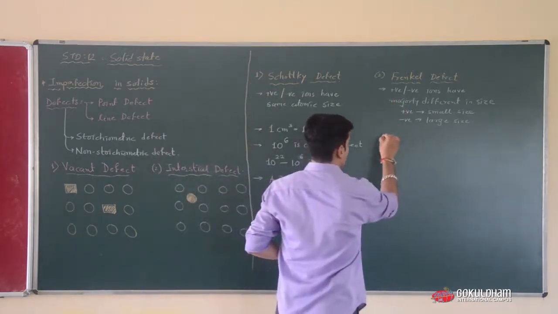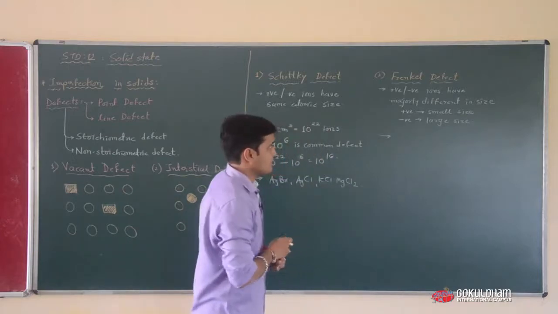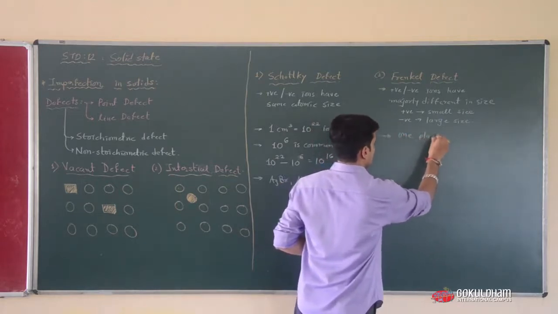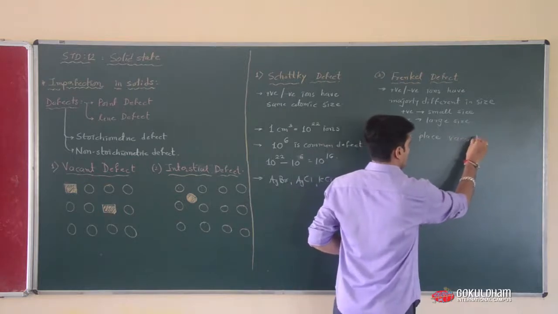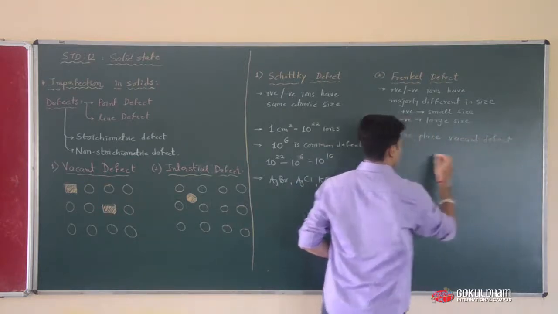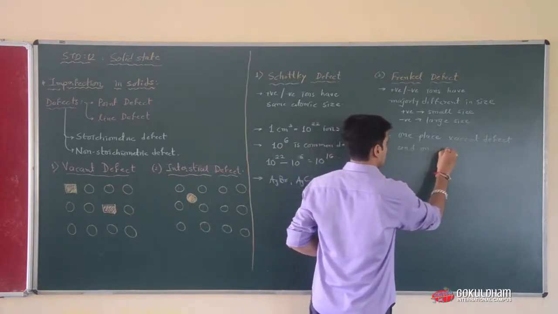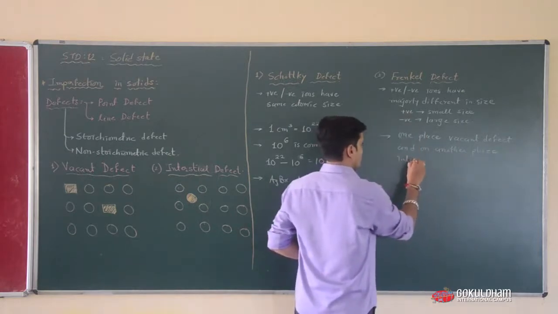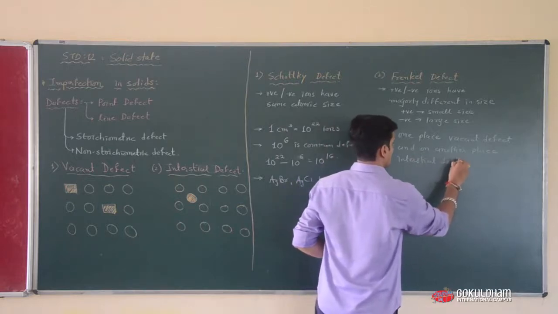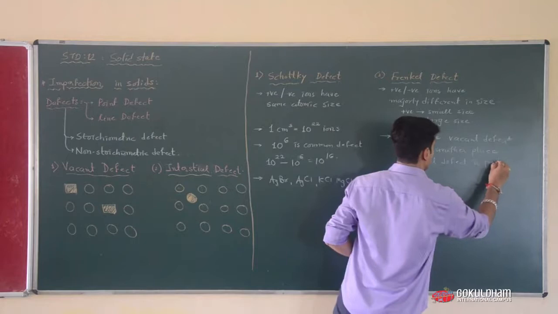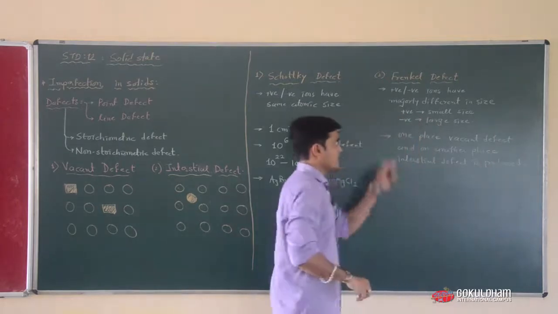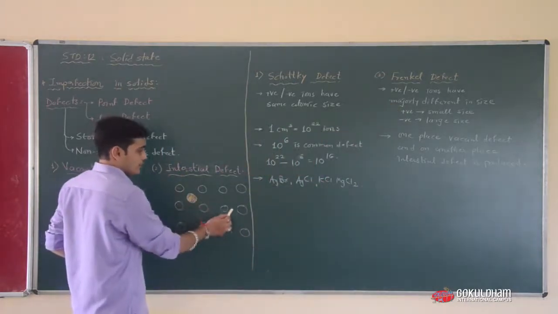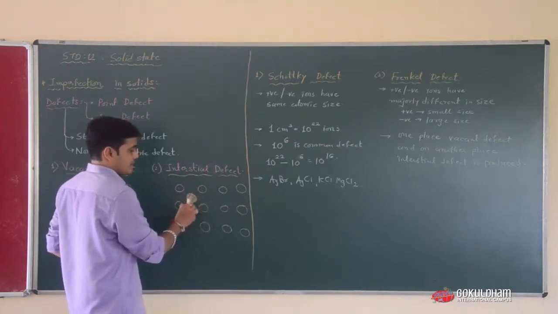In Frenkel defect, you have to add one point, that in Frenkel defect, at one place a vacant defect is generated, and on another place an interstitial defect is produced, because the small size positive ion will travel through this vacant space and arrange at random places.